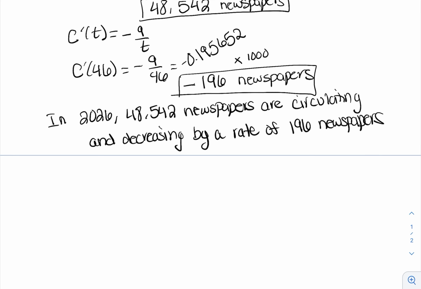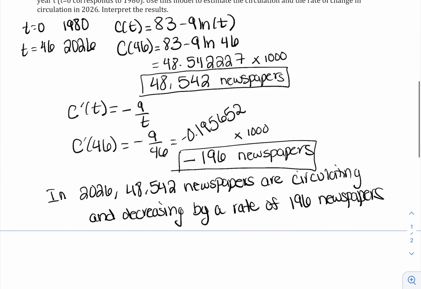And that kind of makes sense because, as we know, newspapers are not used as much as before. So you have the interpretation of just plugging 46 into your function and the interpretation of plugging it into the rate of change, into your derivative.